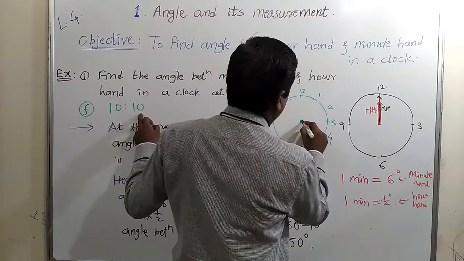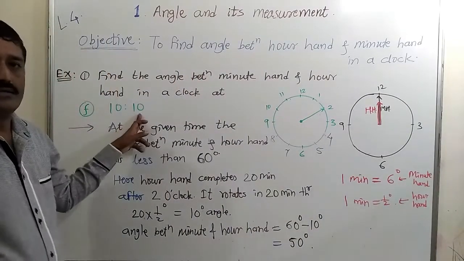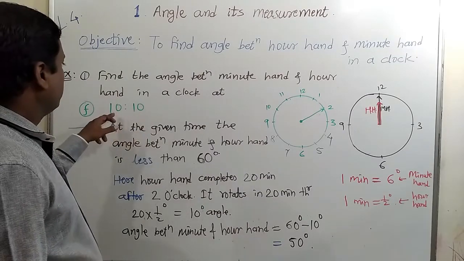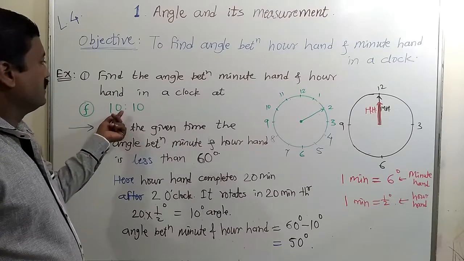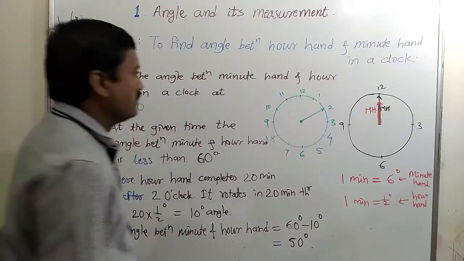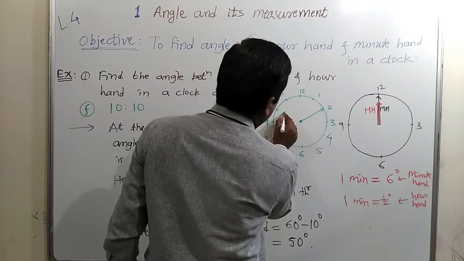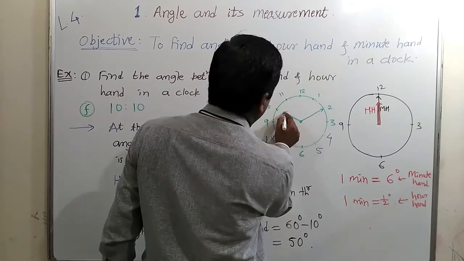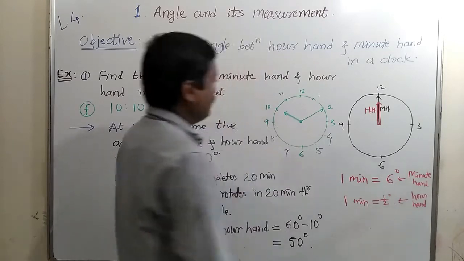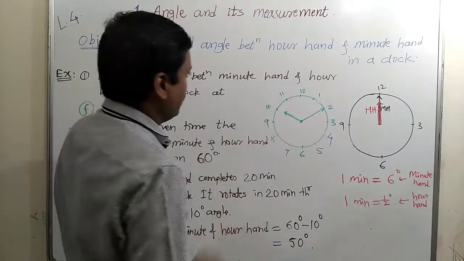So the minute hand will point 2 o'clock, and the hour hand is between 10 and 11, because there are 10 minutes after 10. So hour hand, we denote this position.